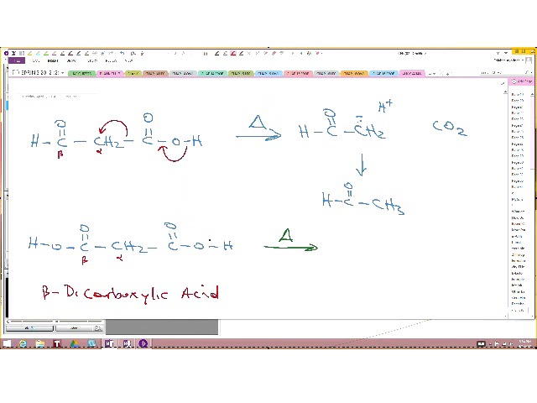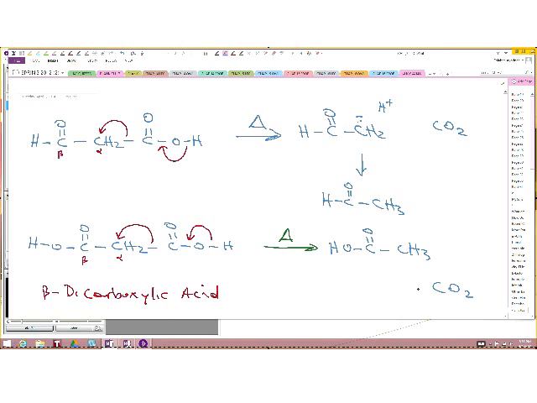So here, spit out the carbon dioxide. This electron comes here, and this hydrogen will combine with the enolate ion, and then what do we get? We get the carboxylic acid. So we get this plus carbon dioxide.